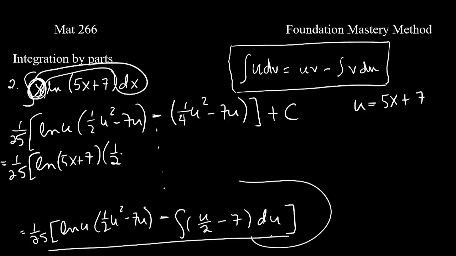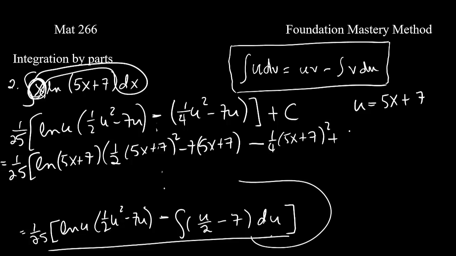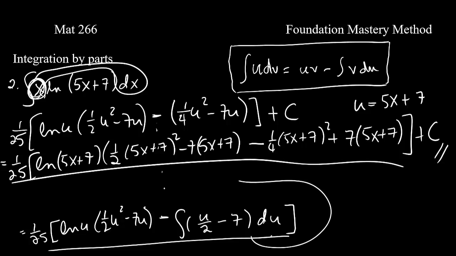So we'll have natural log of 5x plus 7 times 1/2 of 5x plus 7 squared minus 7 times 5x plus 7 minus 1/4 times 5x plus 7 squared plus 7 times 5x plus 7, and then plus our constant of integration. And that would be our final result.